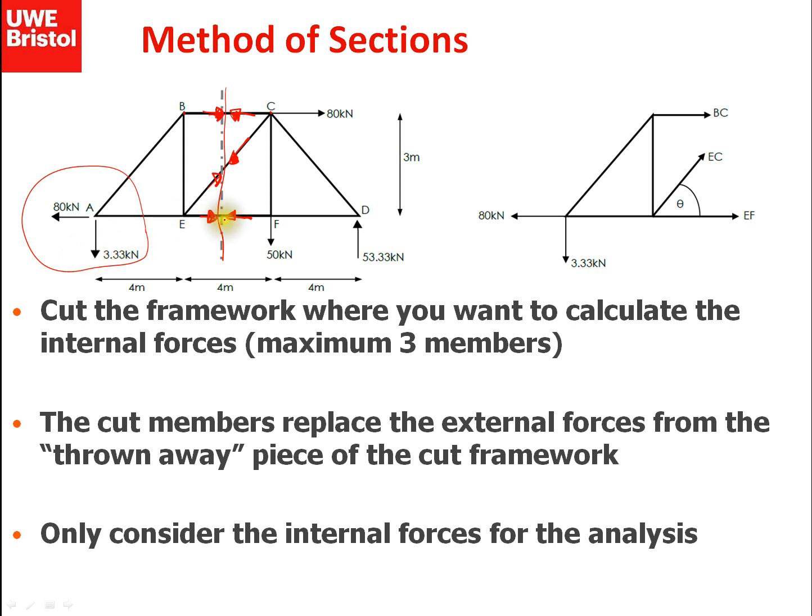So let's consider me being squashed. Someone's pushing me 10 newtons this way, and for me not to trip over, I would need someone else to push me 10 newtons in the other direction.